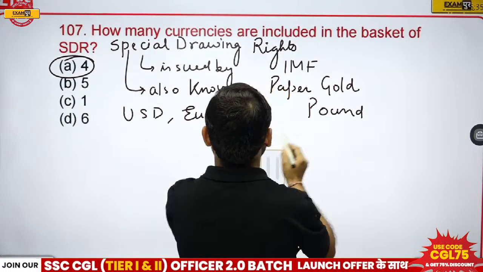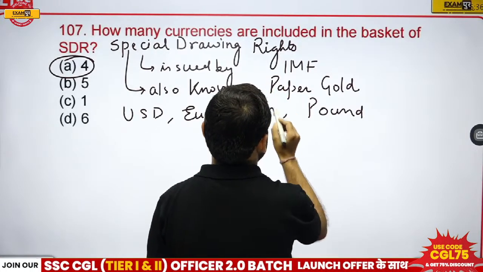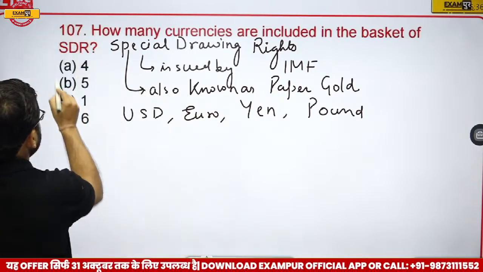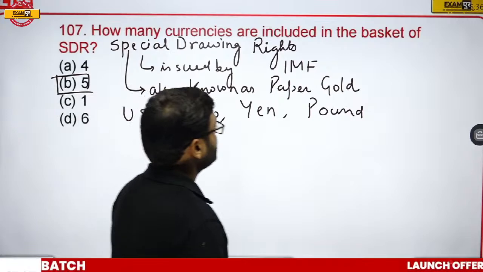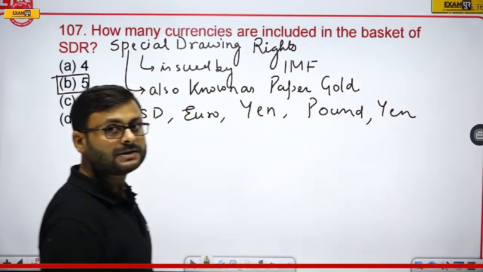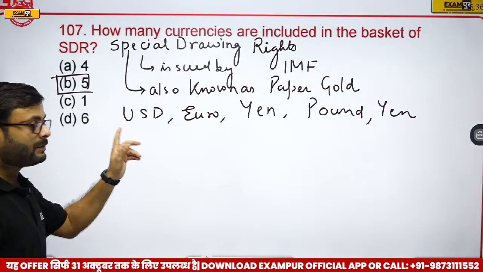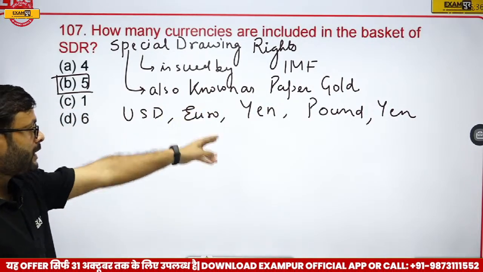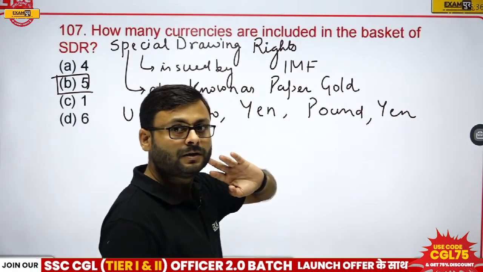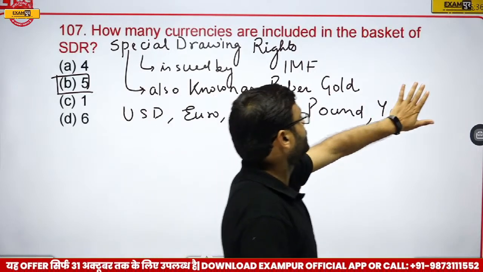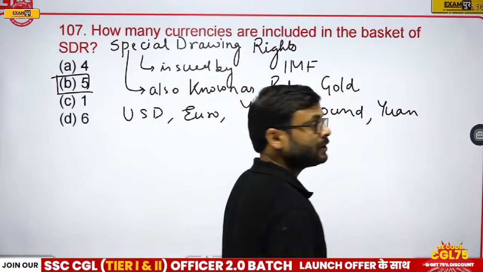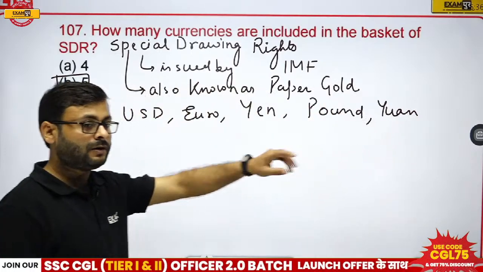Sorry, there are five currencies. What are they? US dollar of America, euro of Europe, yen of Japan, pound of UK, and yuan of China.